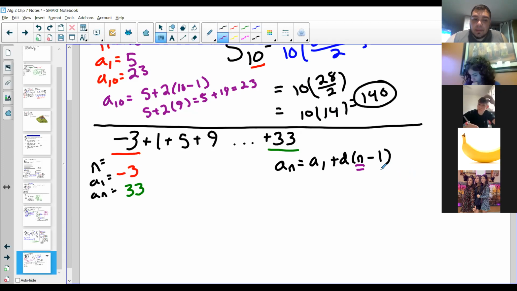But I know the last term I get to is 33. I know the starting term is -3, the a1 and the an. And one thing I could find with the formula given is the d value. Blue in this section. The d value.